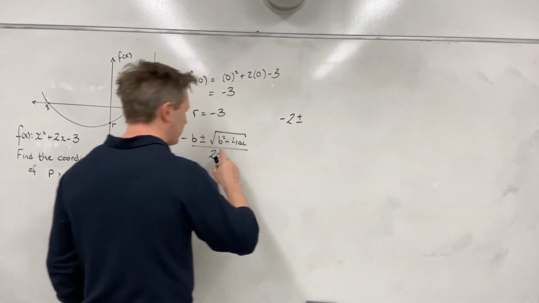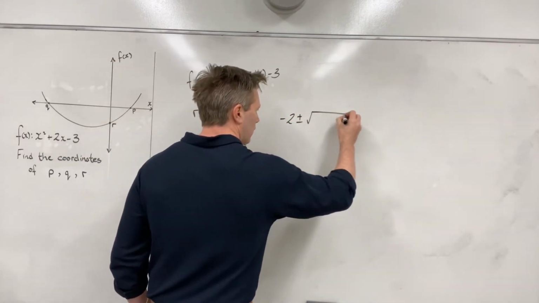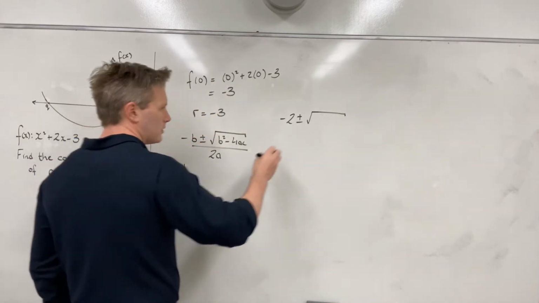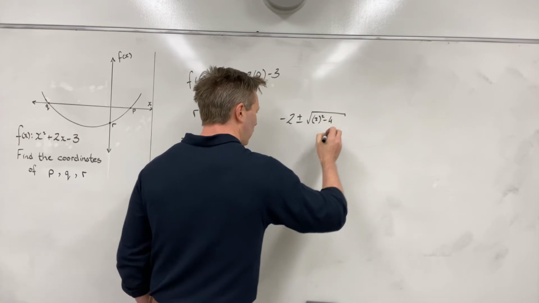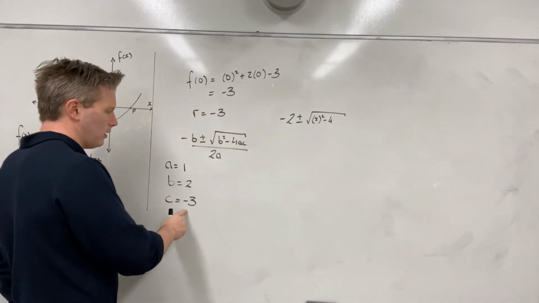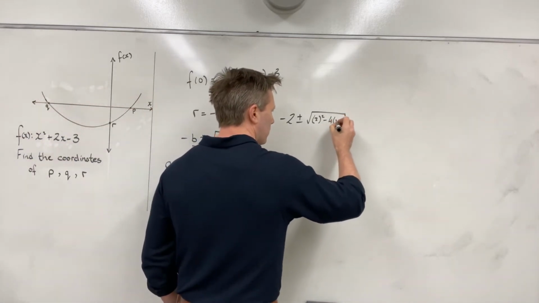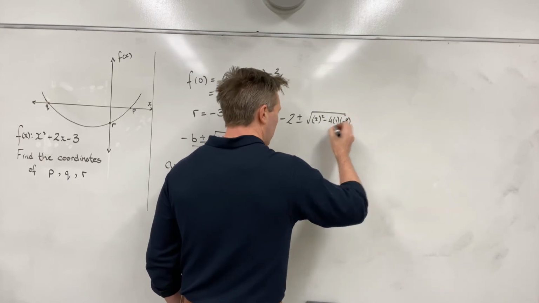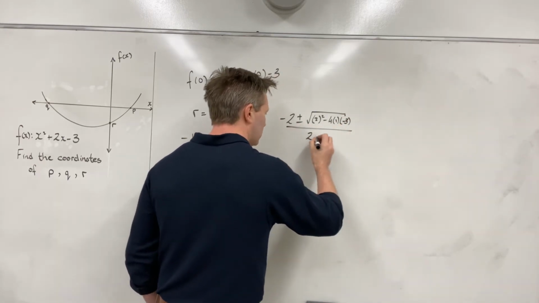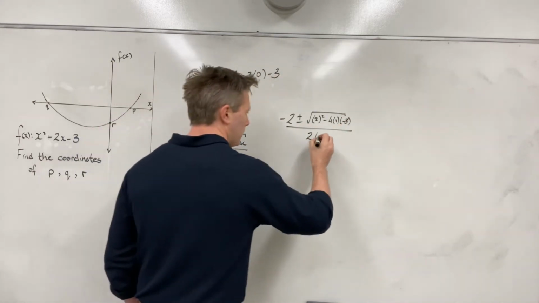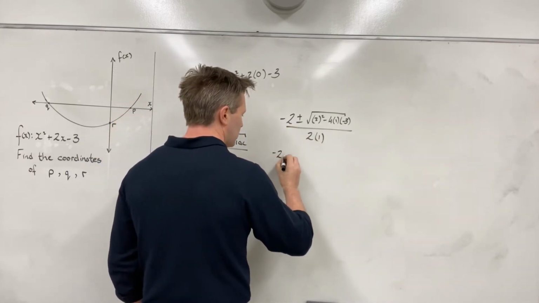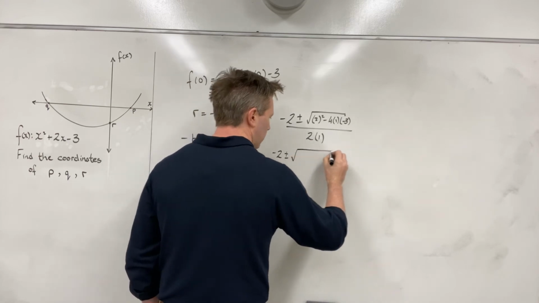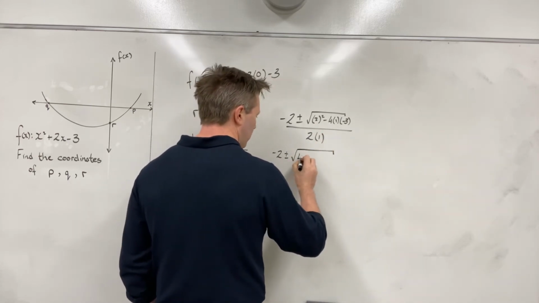So inputting, minus b is minus 2, plus or minus the square root of b squared, that's 2 squared, minus 4ac, which is 1 times negative 3, and all of that all over 2 times 1. And so I have minus 2 plus or minus the square root. 2 squared is 4.